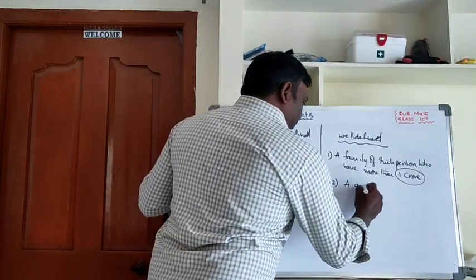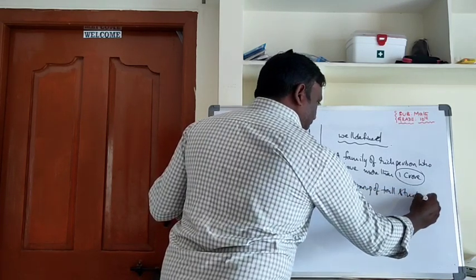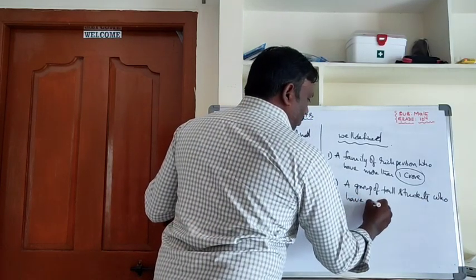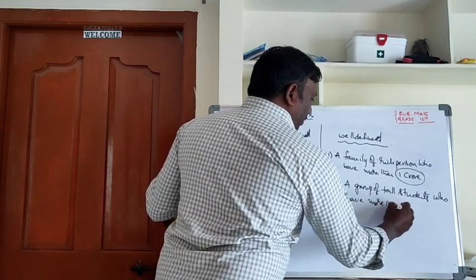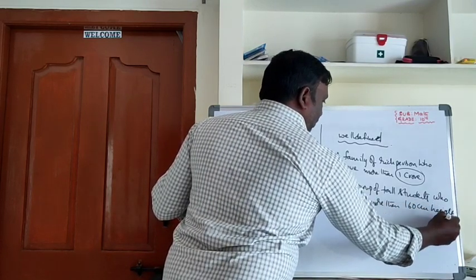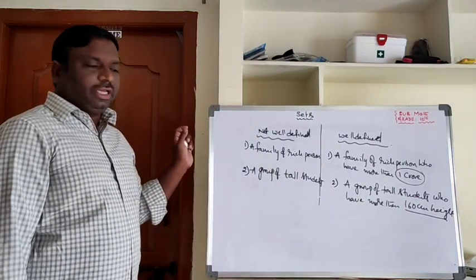A group of tall students who have more than 160 centimeter height. Then this is the common property here. Then only it is well defined. Otherwise, it is not well defined.